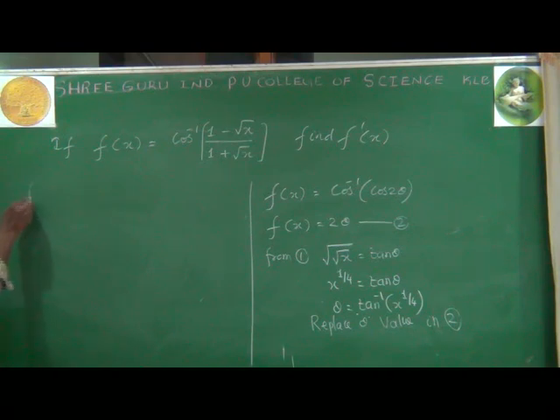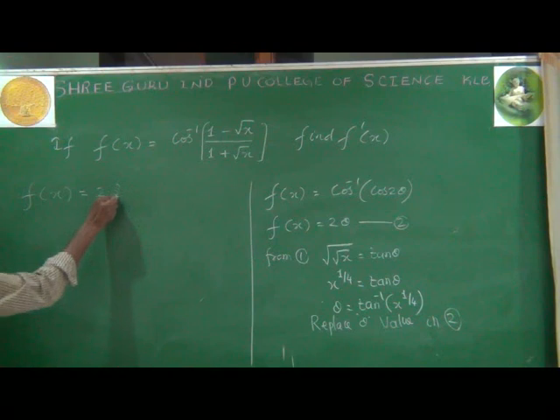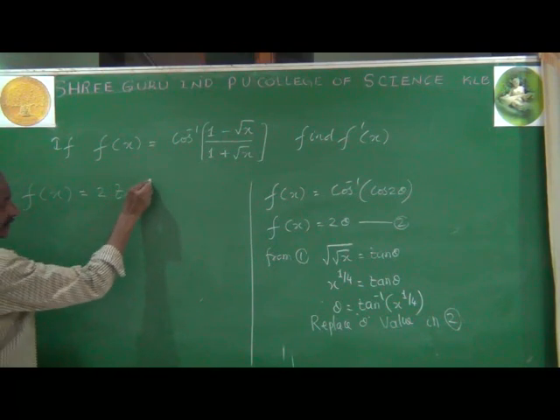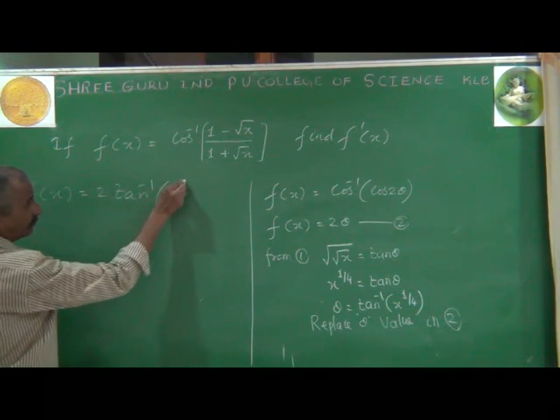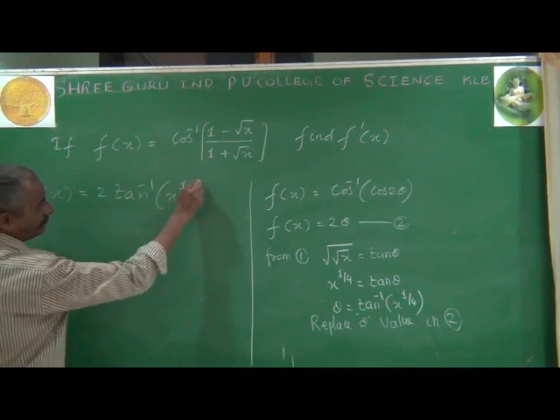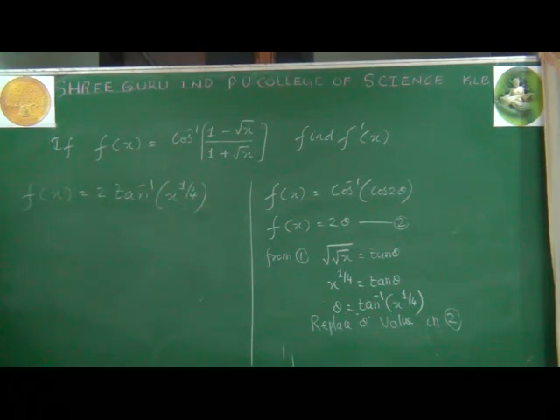So f of x equals 2 into tan inverse of x power 1 by 4. We brought that problem into the simplest form now. Now we shall differentiate with respect to x.